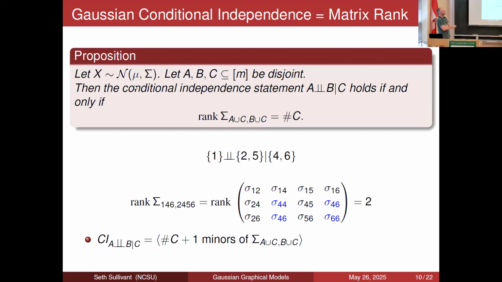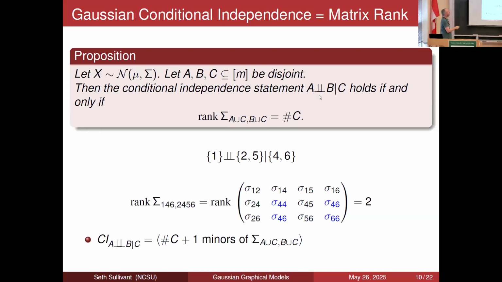Again, we have X, which is distributed as a normal mu sigma random variable, and let's take 3 subsets, A, B, and C. The conditional independence statement, A independent of B given C, I should have put this on the slides, means that the random variable X_A is independent of the random variable X_B given the random variable X_C. I'll use the shorthand A independent of B given C for that.